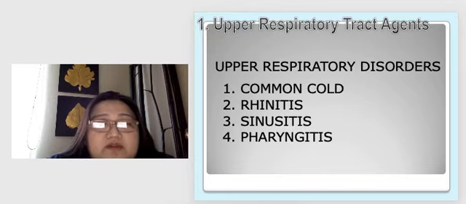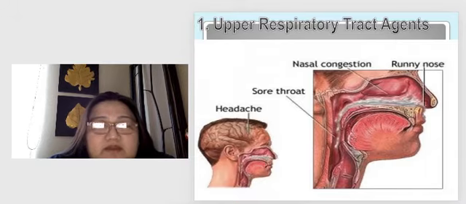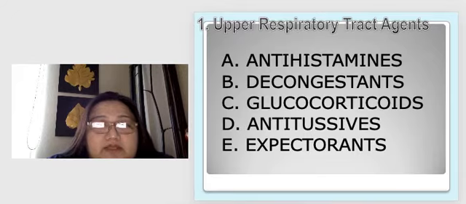But there are some drugs which manage the symptoms associated kapag merong mga respiratory infections or inflammation. Usually, itong mga gamot na to, it manages the symptoms such as sore throat, nasal congestion, runny nose, even headache. Okay, what are these? Antihistamines, decongestants, glucocorticoids, antitussives, and expectorants.